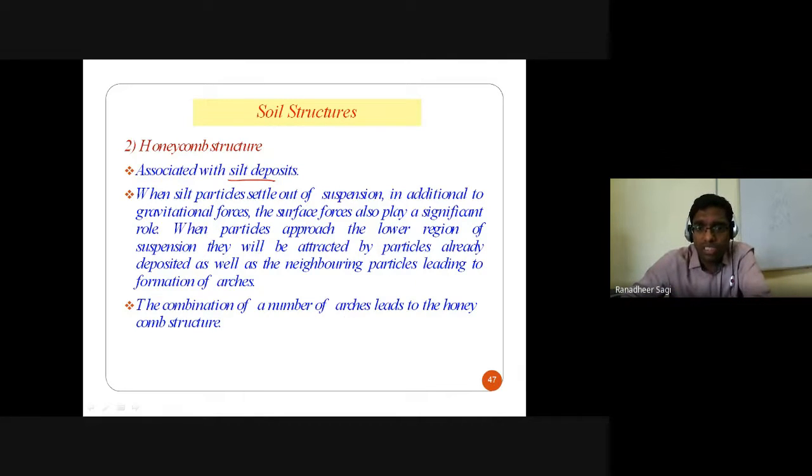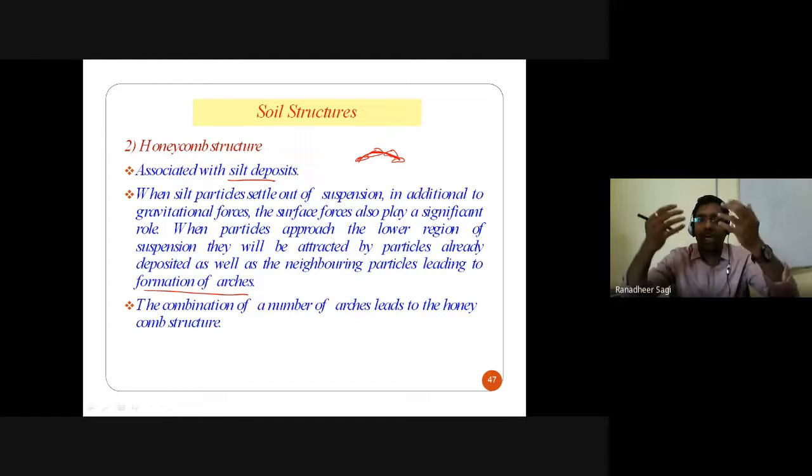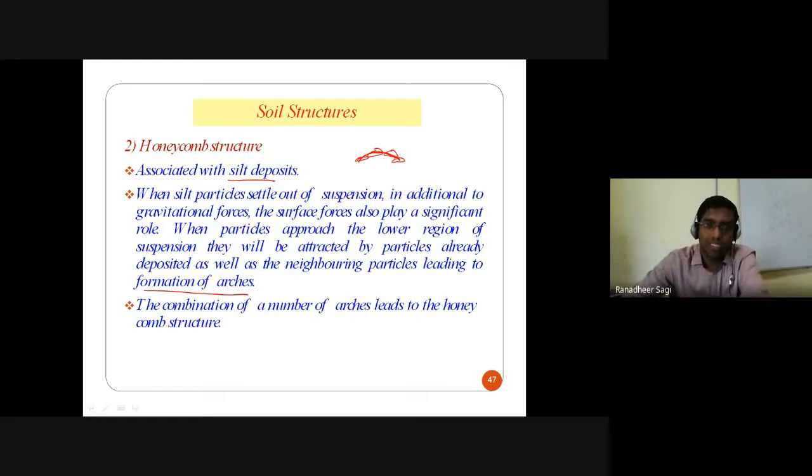So in the process, you are going to see the formation of an arch shape. Let's say this is one particle, this is another particle, this is another particle, this is another particle. So you are going to see a typical arch shaped formation while these particles are getting deposited. In a similar way, another neighboring structure of particles gets deposited like this, which results in another arch shaped formation of your soil grains.